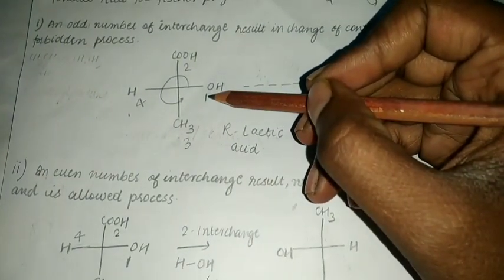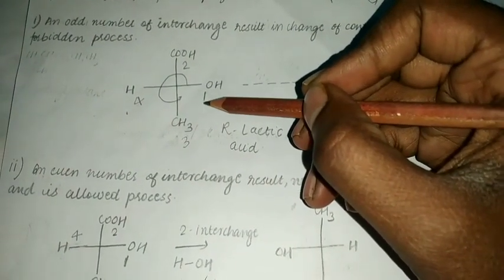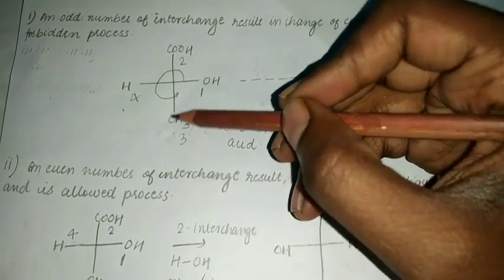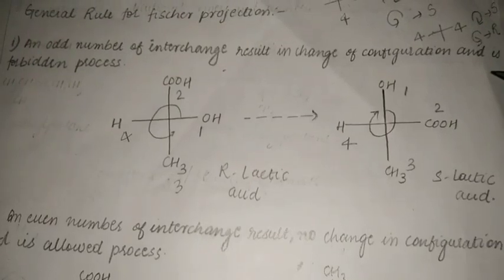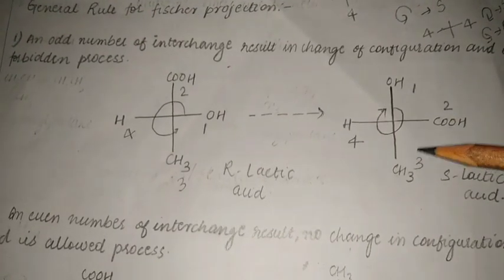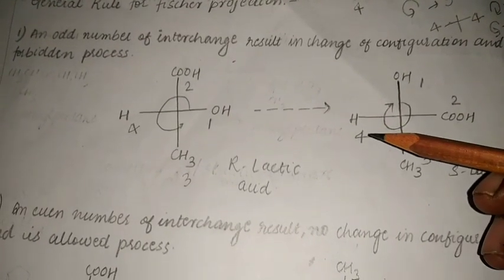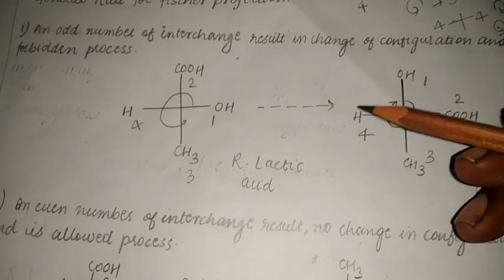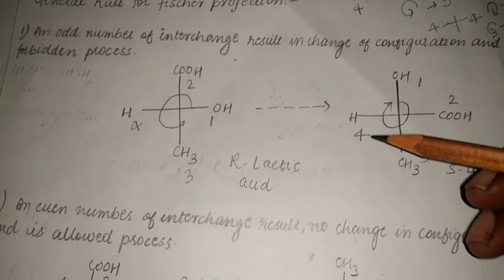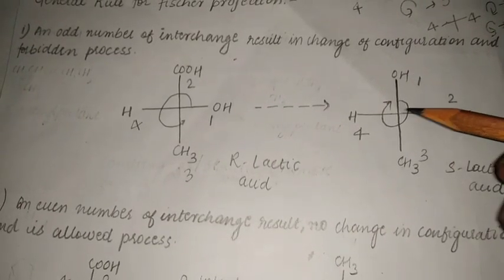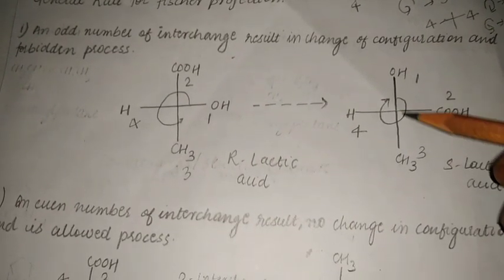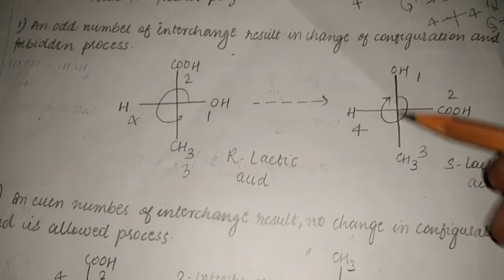So if we consider the groups 1, 2, 3 and it is rotating anti-clockwise, then it becomes... If we consider this molecule, we can see that the least group, the hydrogen, is located on the left side of the numbering. So we can see it is rotating 1, 2, 3.